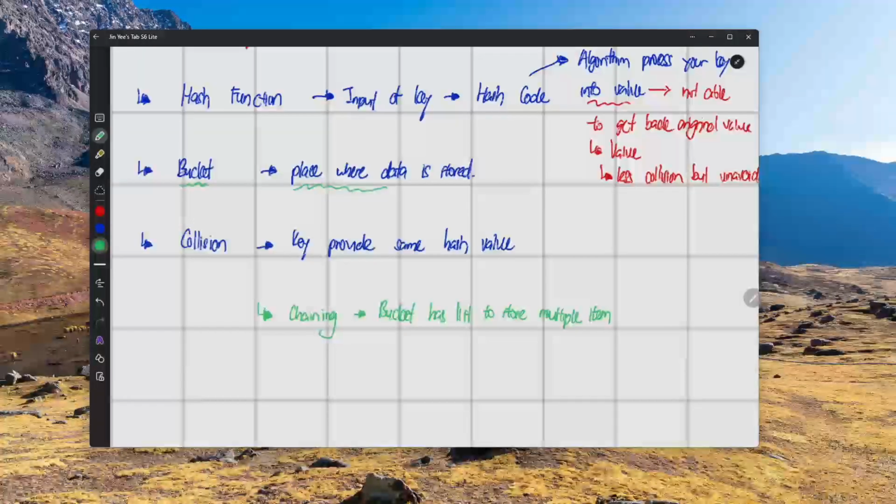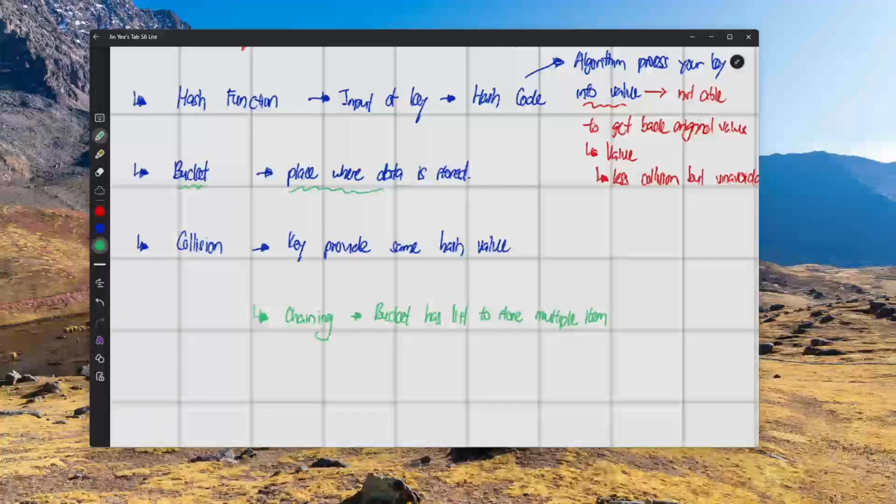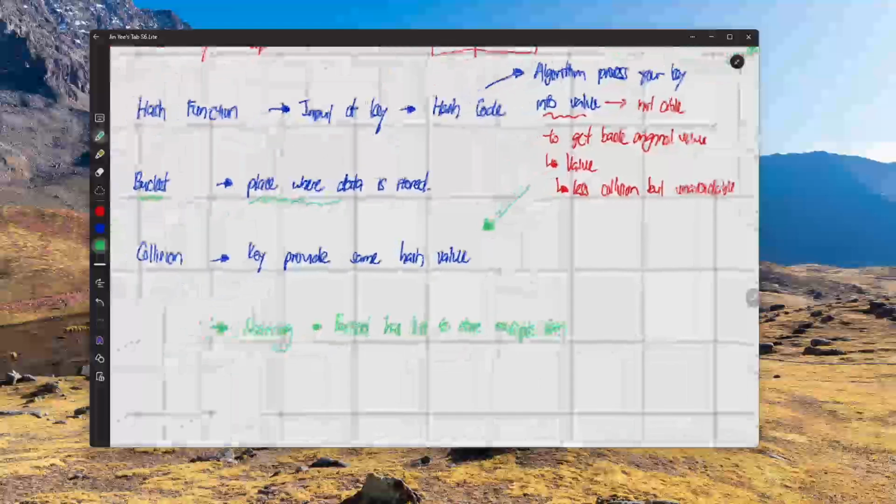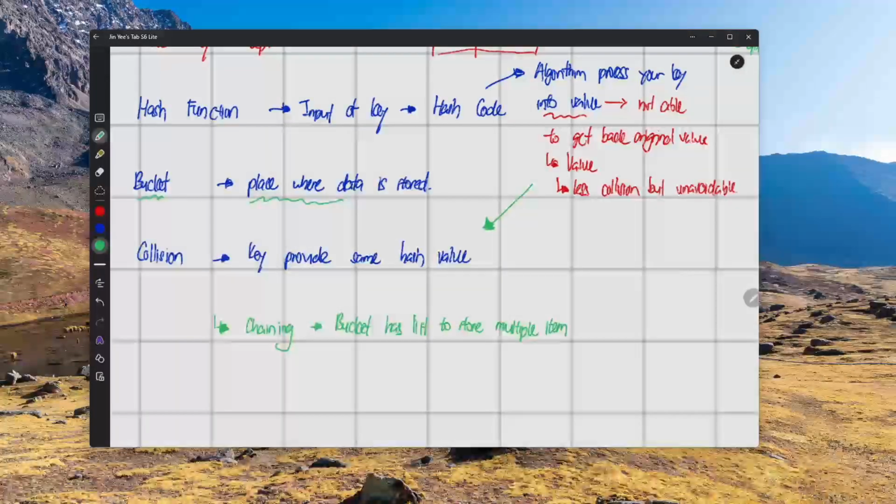Another thing is the collision. A collision basically means that your hash function produces the same value for different keys. For example, I need to insert the key of one two three to have the value of ABC.